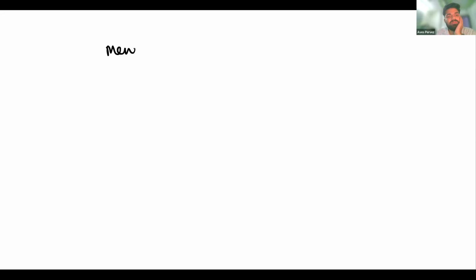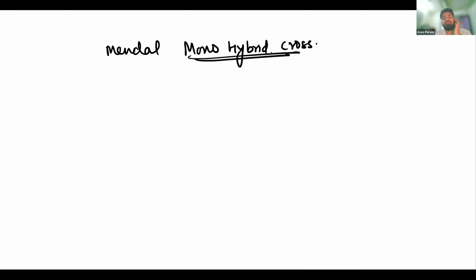Mendel's monohybrid cross. If I talk about the monohybrid cross, what do we mean by Mendel's monohybrid cross?